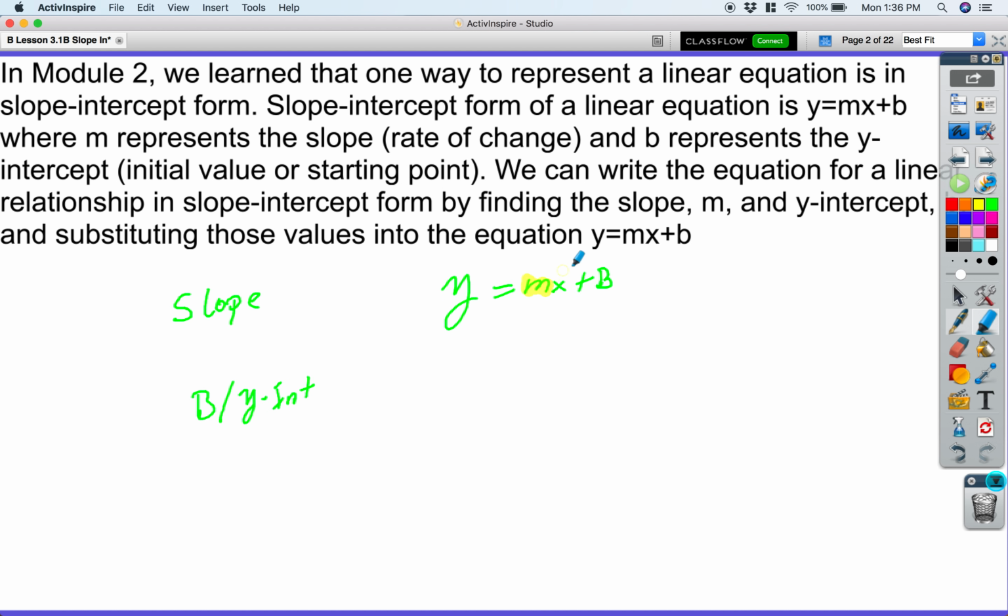What we're going to do is plug in the slope, which is your m, and your b, which is the y-intercept. So a final answer in today's lesson will look something like y equals negative 2/3 x minus 4, where I have my m value and I have my b value, and it'll also have my x value. I forgot to write that. But what I do want you to realize is this y and this x are variables. You're just going to leave it looking like that.